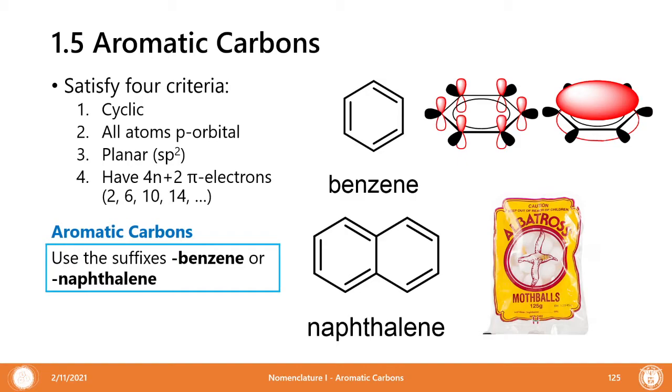They are cyclic, all their atoms contain p orbitals that overlap each other, they are planar, they have sp2 carbons, and they have a set number of pi electrons, which they term the Huckel rule. Aromatic carbons come in different shapes and many sizes. However, we'll only be dealing with 2 primary aromatic carbons, which are benzene and naphthalene.